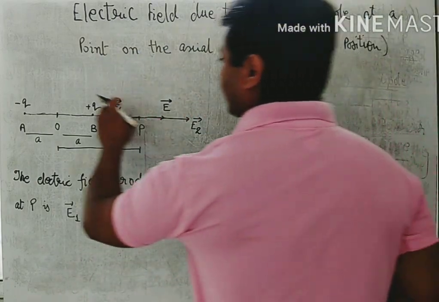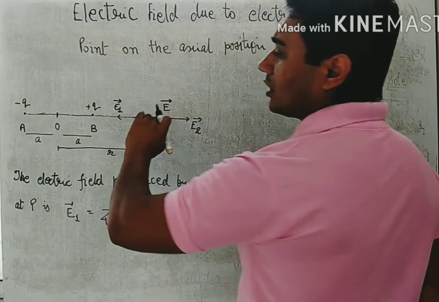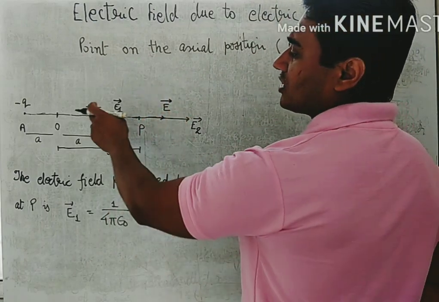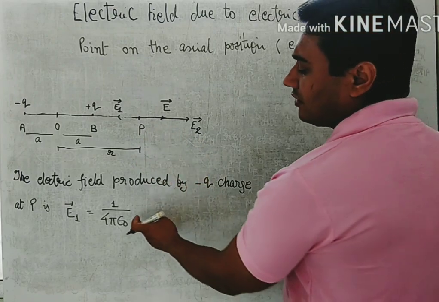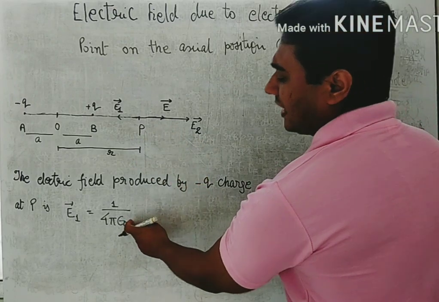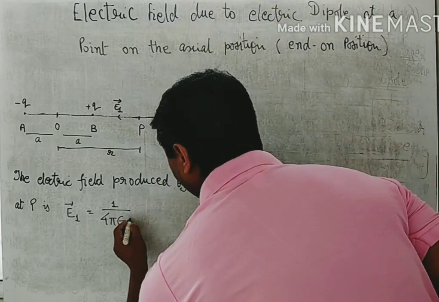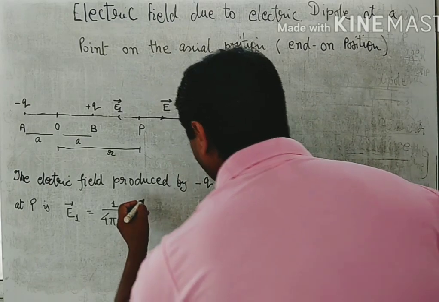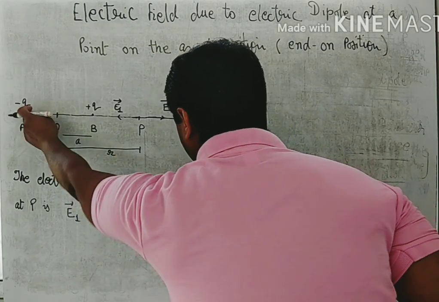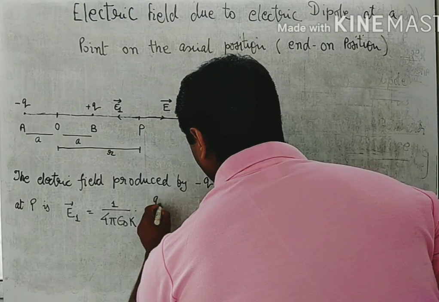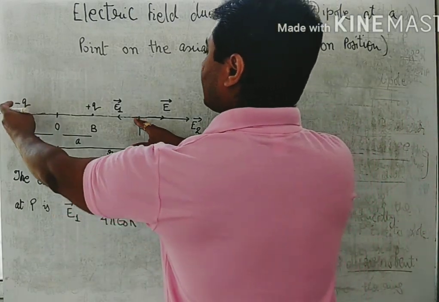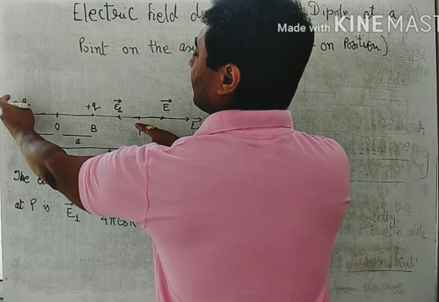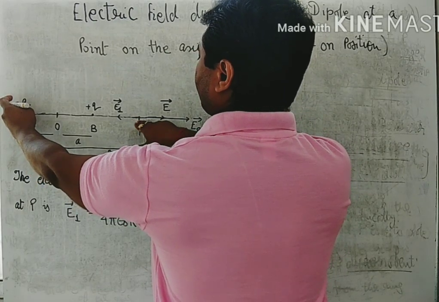Suppose these charges are present in a medium which is having the dielectric constant as K. So for that reason I am just writing here K in multiple to this epsilon naught K into source charge, that's magnitude of source charge, Q upon distance square. Now what is the distance of this negative source charge from this point P?